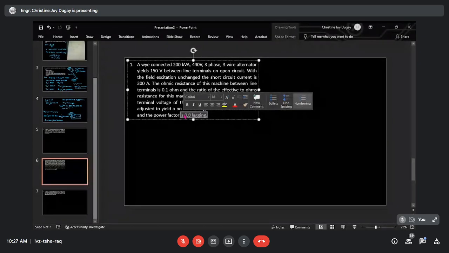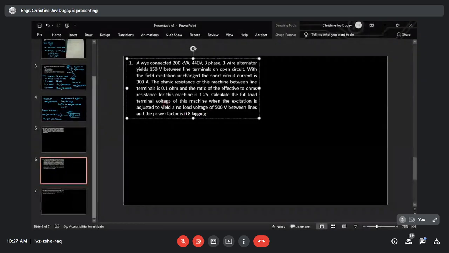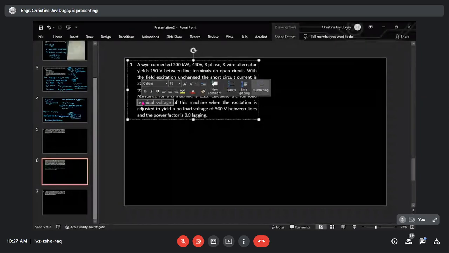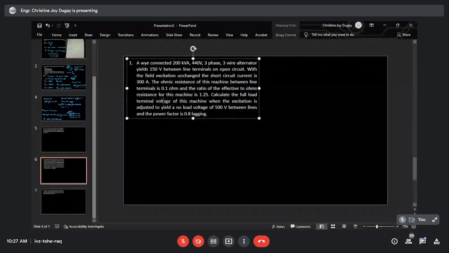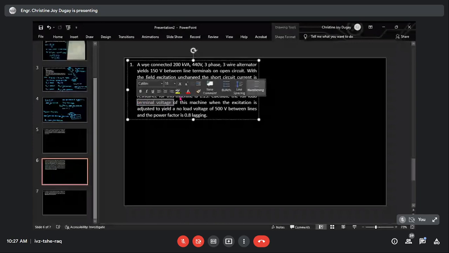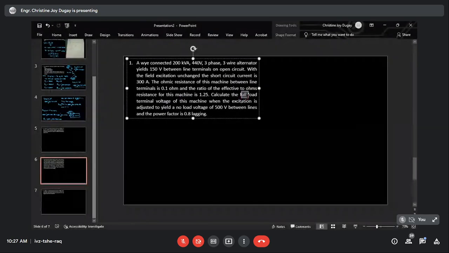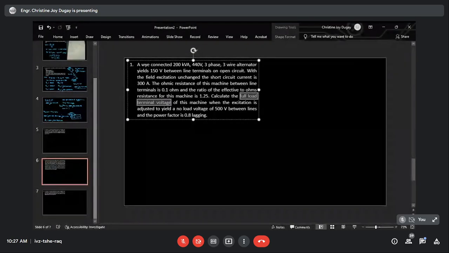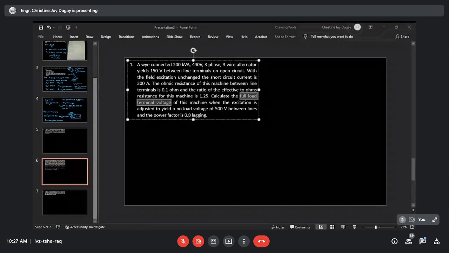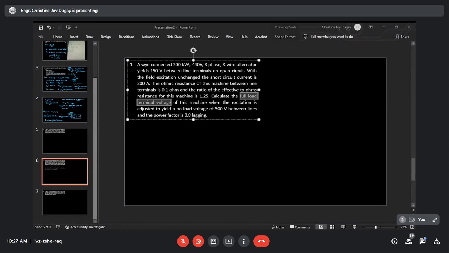So ganito po siya ha. Terminal voltage. Pag mababasa nyo ang terminal voltage, papasok kaagad sa isip ninyo or yung full load terminal voltage. Ano ang papasok kaagad sa isip po ninyo? Ano ang hinahanap dyan? Full load terminal voltage. Ano ang papasok sa isip nyo?